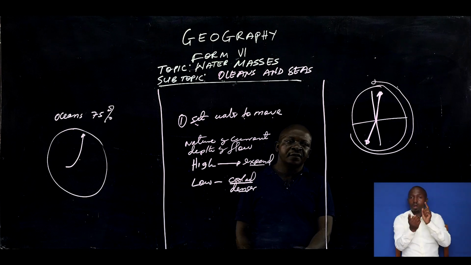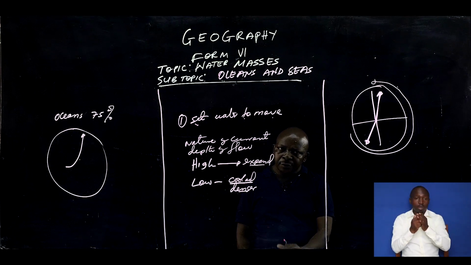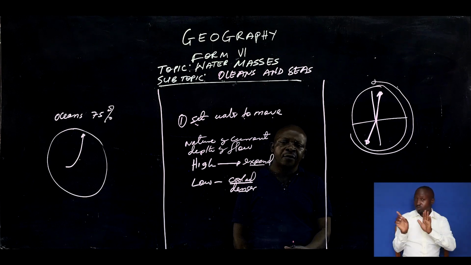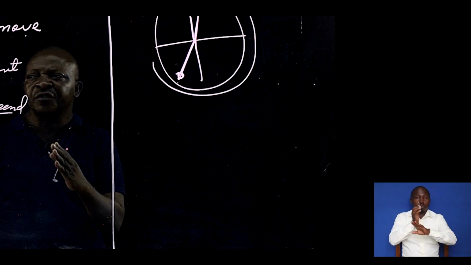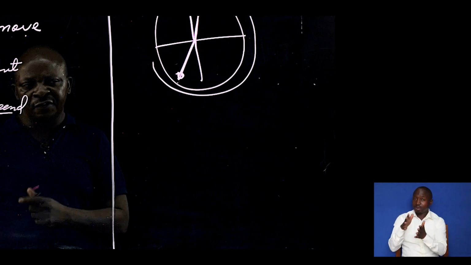So, my dear students, I remind you, the question we have needs us to give multiple interplay factors for the occurrence of ocean currents. So far, we have disclosed 3 points.